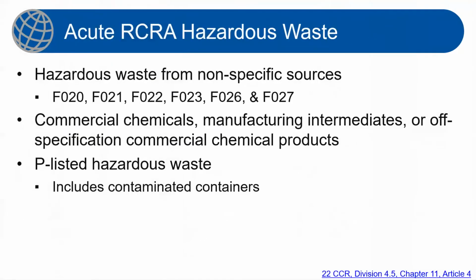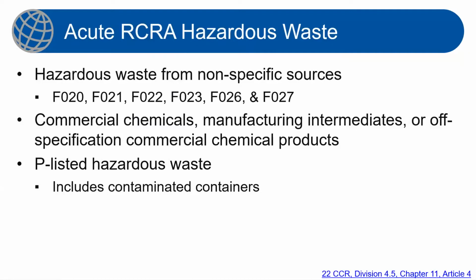Now, in regards to our acute RCRA hazardous waste, our acute RCRA hazardous wastes are the F020, F021, F022, F023, F026, and F027 spent waste from non-specific sources. Those are all dioxin precursor waste.